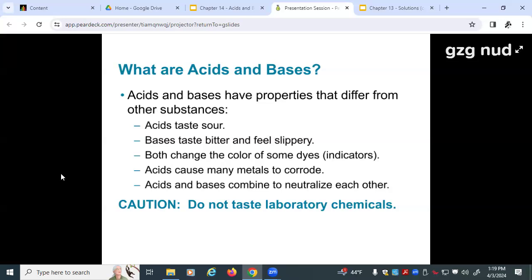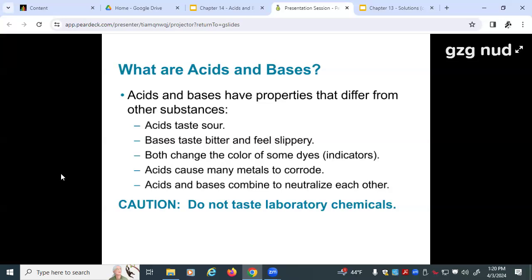Whereas most solutions involving ionic compounds have some level of saltiness to them, or just a general kind of ionic sensation, acids and bases do have properties associated with them that are different. So, for example, acids in general have a sour kind of taste.